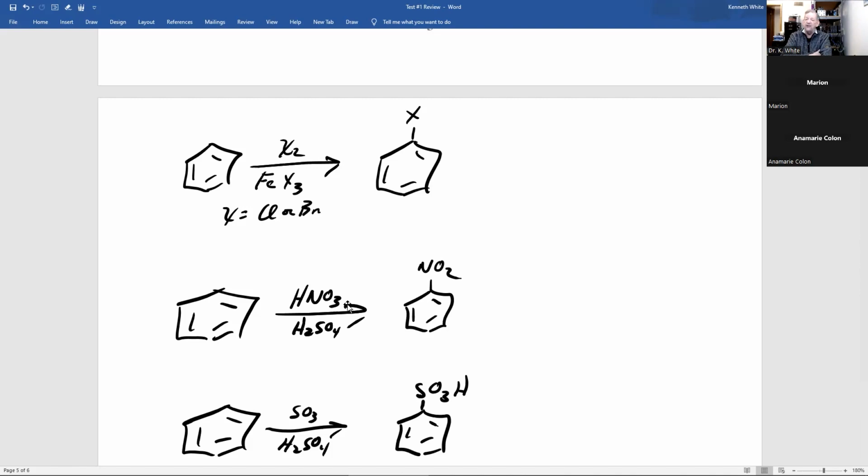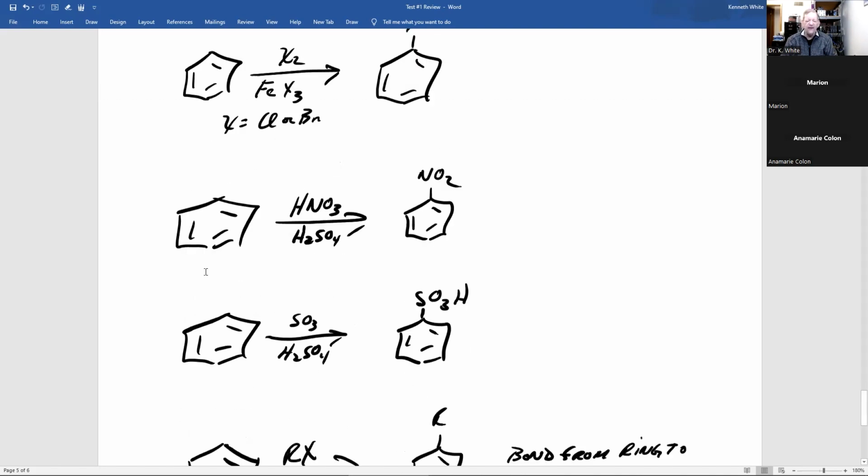Since none of you are going to be organic chemists, or you wouldn't be taking M170, you'd be taking the 233, 234, 235 organic at CCC. I decided I'm not going to spend a week or 2 on directors when I'd rather spend it on things that are important to you, like later on fats and oils, carbohydrates, and proteins.